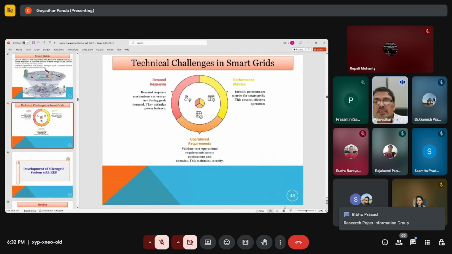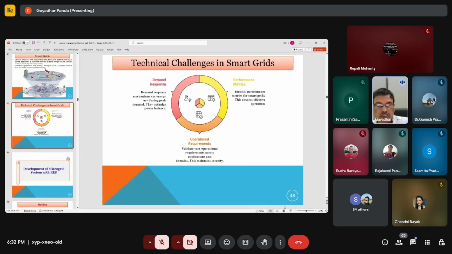And there will be various challenges because a lot of issues will be there. We can slowly move towards the smart grid system because the problem is that the conventional transmission and distribution system is designed considering that power flow is unidirectional in nature. Power is generated at one remote locality, then transmitted, then distributed towards the load side.